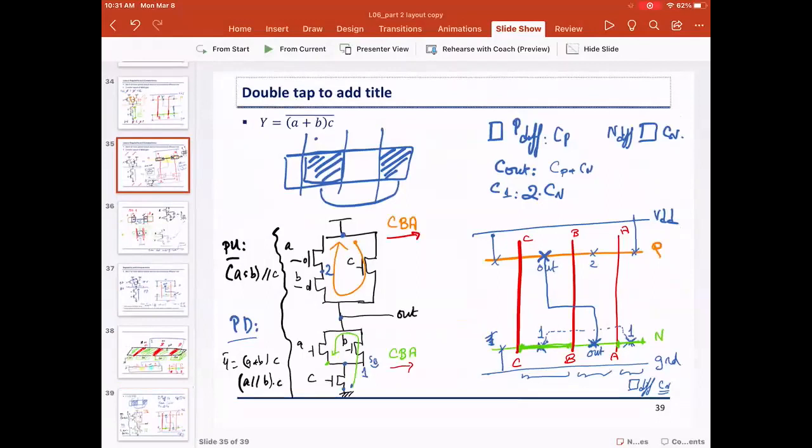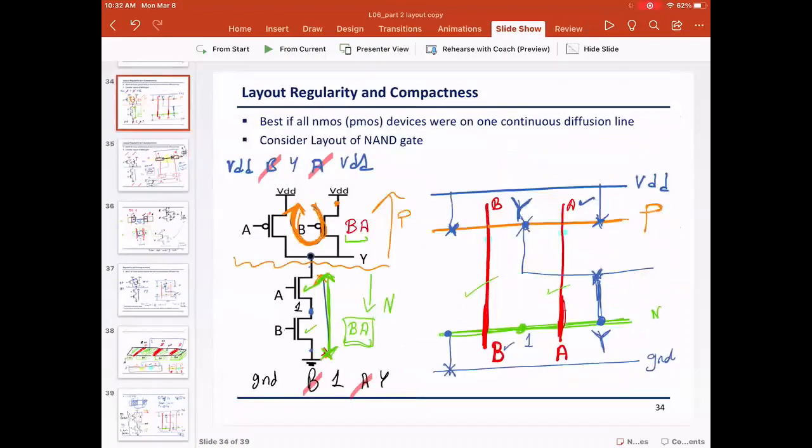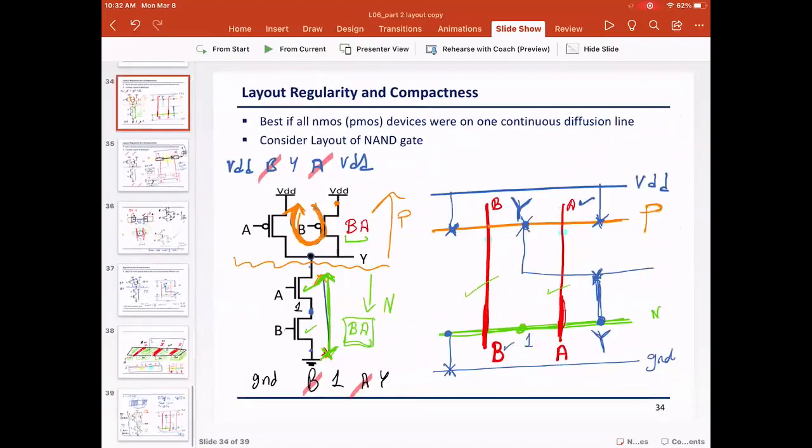Okay. This is not a contact, right? What I'm saying is that if they are far apart, drawn as individual transistors, I have to make a contact to connect them. Yes, but with the same diffusion, when they are the same diffusion like this, you don't need to draw an X. Don't draw an X when you go from one diffusion to another. I don't know if I erased it by mistake or if it is still there.